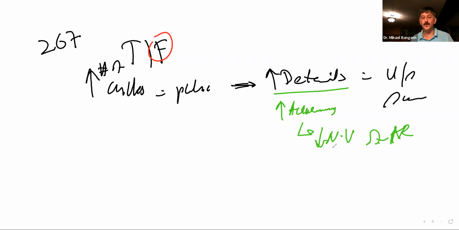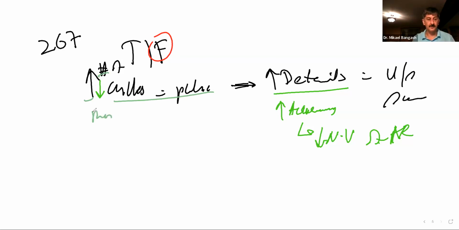How do we get that lower numerical value, which would be greater accuracy or more details? That is if our pulse had fewer cycles. Or they may replace the phrase with a greater number of cycles in a pulse.